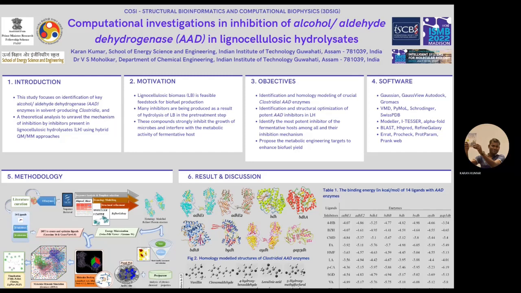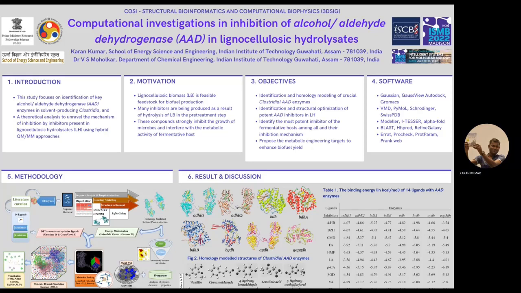Therefore, this study aims to identify and homology model the crucial AAD enzymes that are present in solventogenic Clostridia. Then, to identify the potent AAD inhibitors in lignocellulosic hydrolysates and optimize their structure using density functional theory.